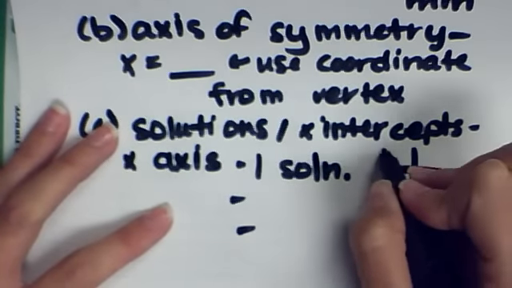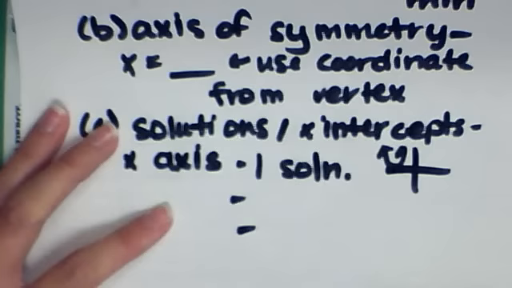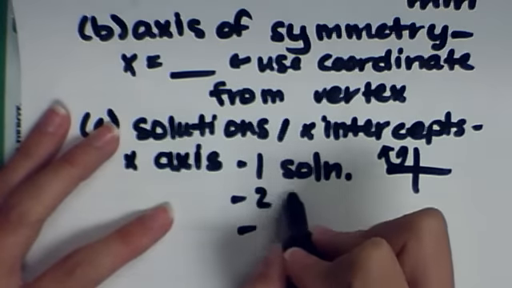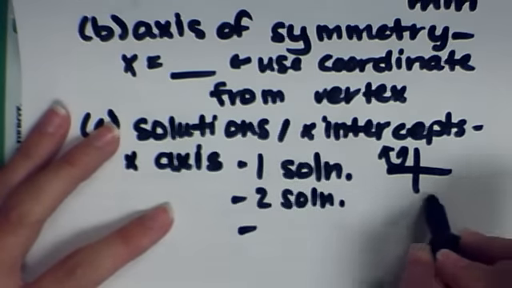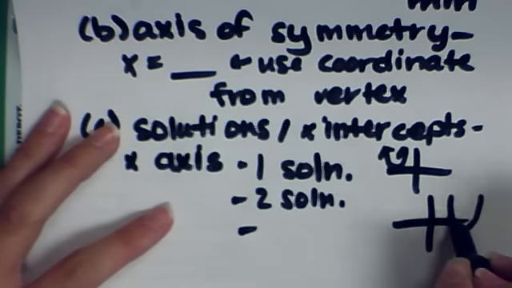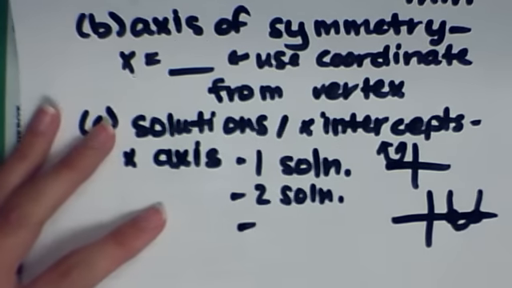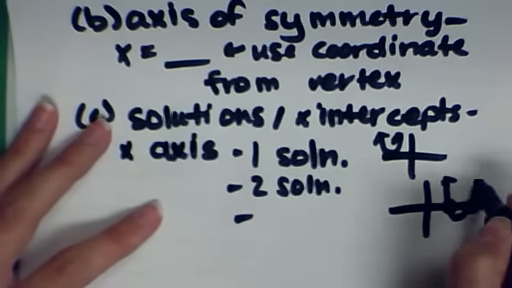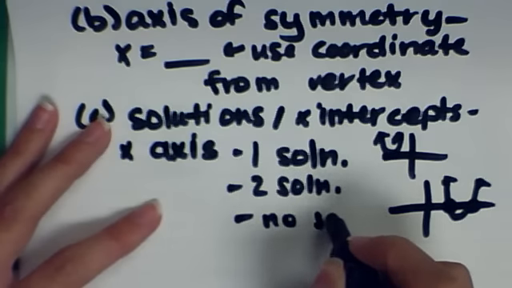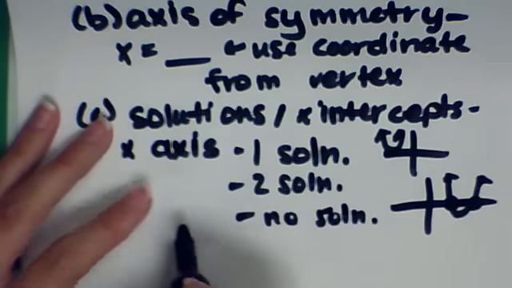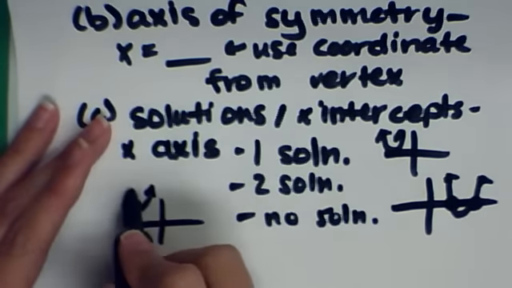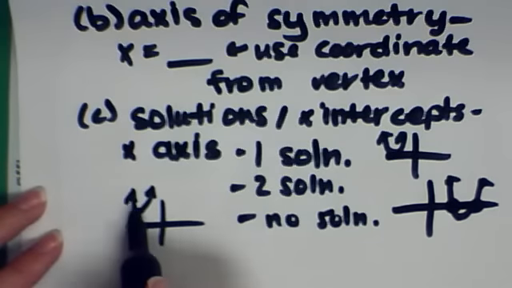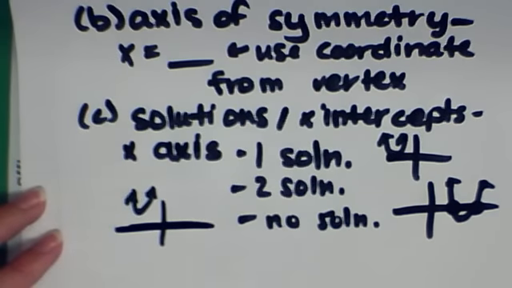That would be something like the parabola just touches the x-axis. We could have two solutions, which would be something like this, where it crosses once, twice, and those would be the two solutions. Or it could be no solutions. And that might look like this, where it's just going up all the way, and it never crosses the x-axis at all.